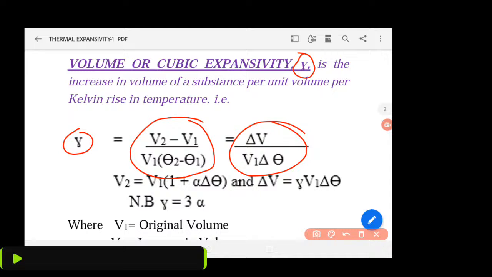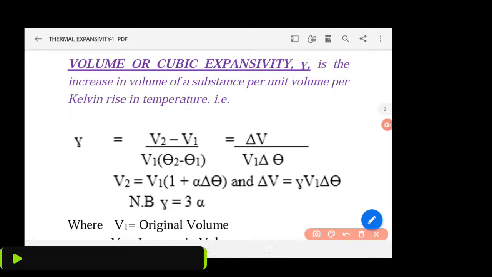Also we can make V2 the subject of the formula, as well as delta V. And this gamma, which is cubic expansivity, is 3 times the linear expansivity, as you can see here. The implication is that when linear expansivity is given and we need cubic expansivity, we multiply our linear expansivity by 3.